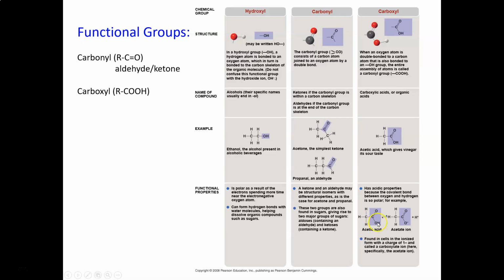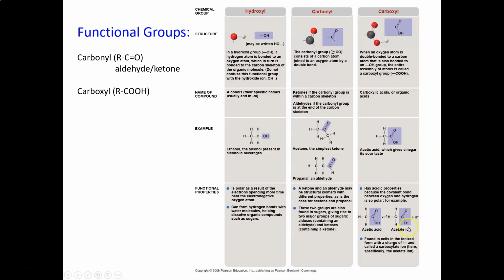When that hydrogen comes off, it becomes H+, and this oxygen becomes negative to balance the charge. Now that we have a free H+ hydrogen ion in the solution, that makes the solution acidic.